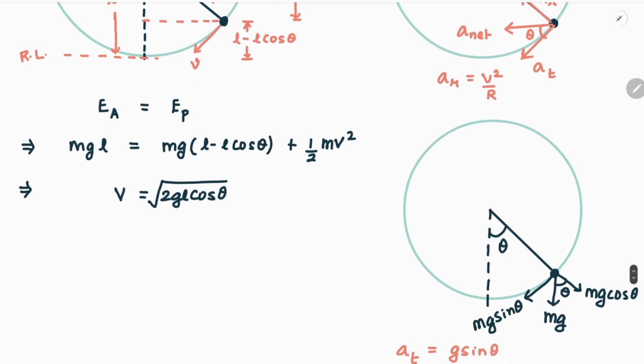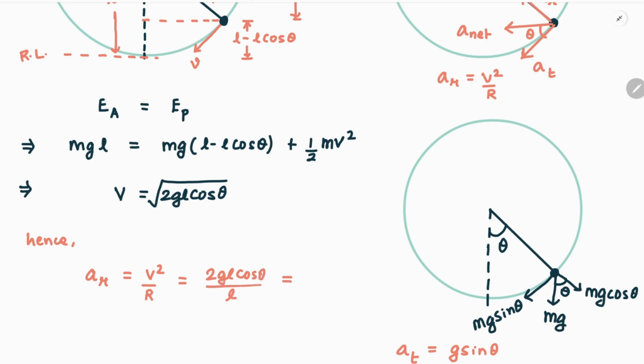So this is by applying energy conservation between A and P, and hence if we need the radial component of acceleration, which is v square upon r, we write it as 2gL cos theta upon L, and we get this value as 2g cos theta.